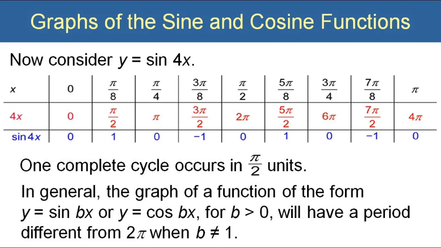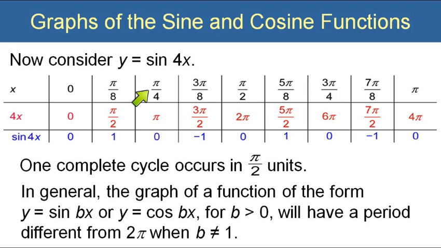Let's do the same thing now, but for sine of 4x instead of sine of 2x. So here we've laid out every pi over 8 between 0 and pi, and we're multiplying by 4. So you take 0 times 4 is 0. Pi over 8 times 4 is pi over 2.